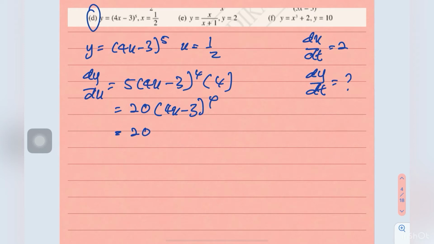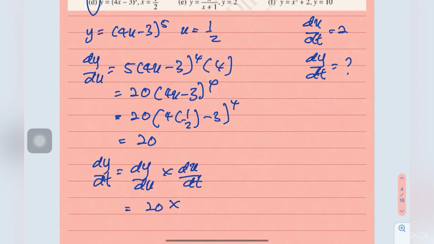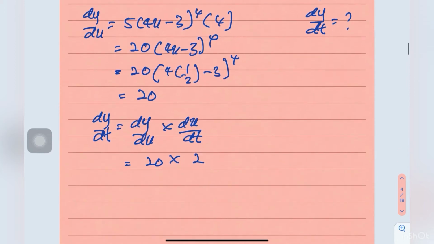So then x is 1 over 2, so negative 1 to the power of 4, so 20. Okay, so dy/dt equals dy/dx times dx/dt. So dy/dx equals 20, dx/dt is 2. So the final answer is 40.